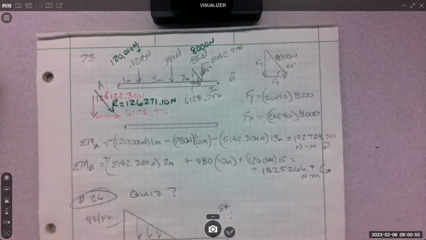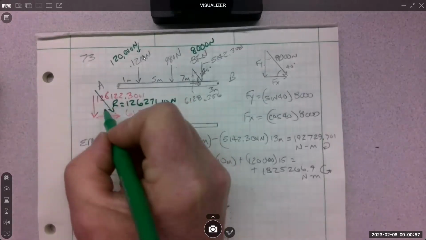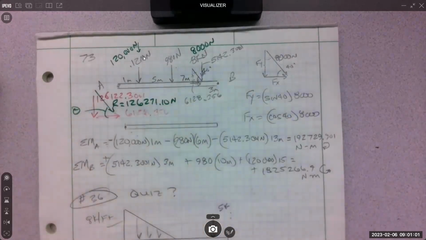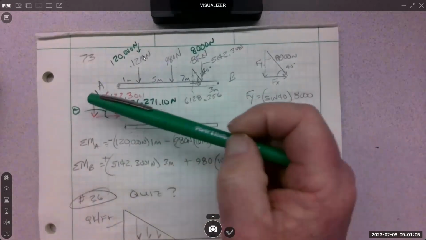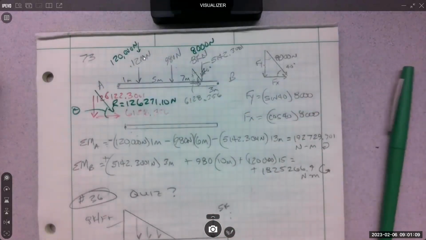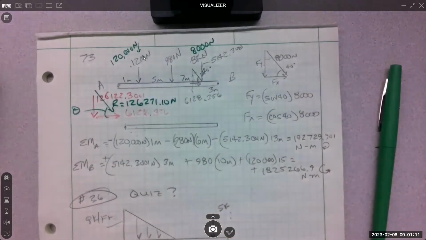126,271. It's good to know what this angle is, theta. We always want to know the angle that it acts on. So that'd be the inverse tangent of Y over X. 126,122.3001.